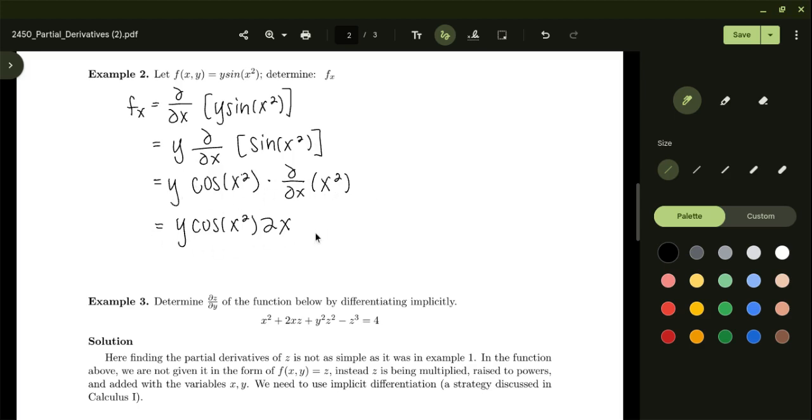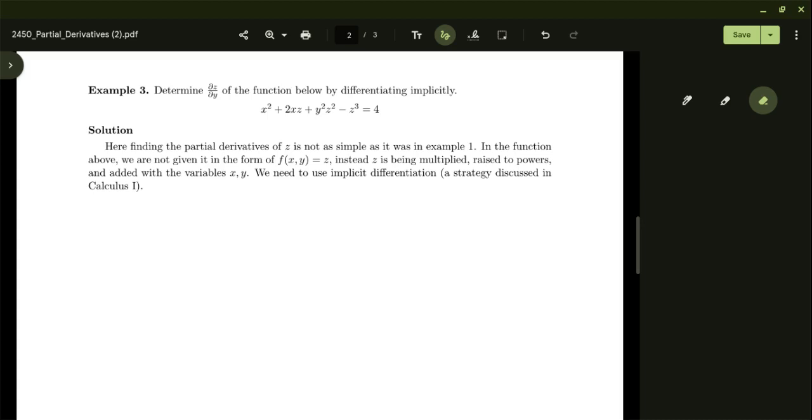Example 3, we are asked to determine the partial derivative of z with respect to y of the function below by differentiating implicitly. Our function is x squared plus 2xz plus y squared z squared minus z cubed equals 4. First thing I want to highlight is this term, differentiating implicitly.